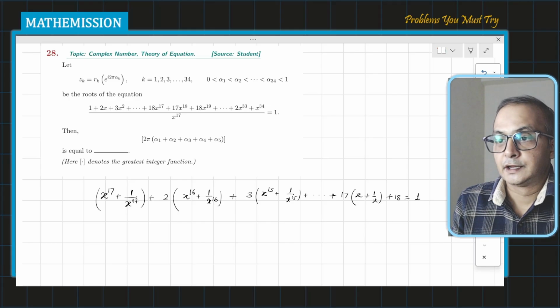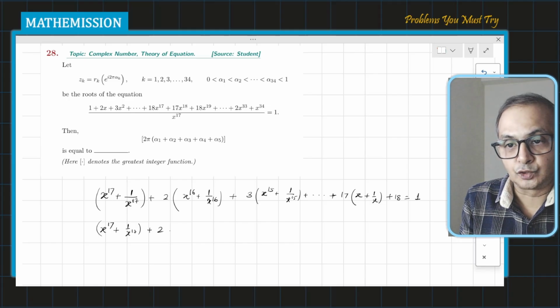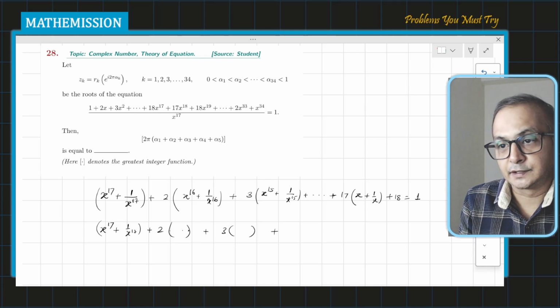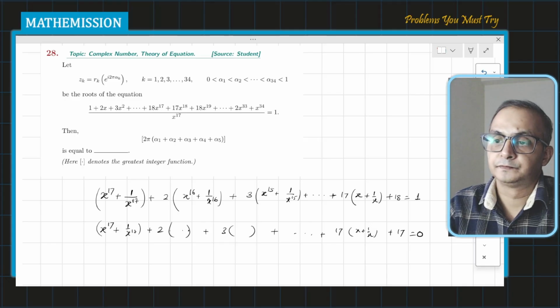All right. Now you notice this interesting fact: x to the power 17 plus 1 by x to the power 17, plus 2 times this bracket, plus this bracket, plus 17 times this bracket, and again I can write that 17 is equal to 0.